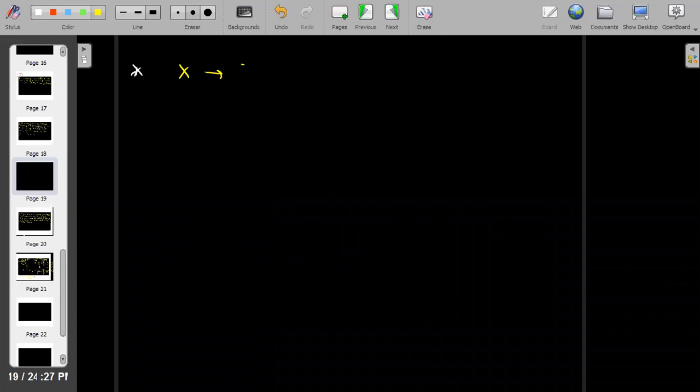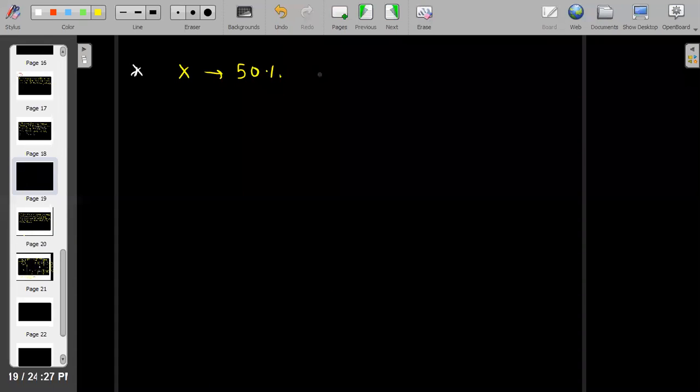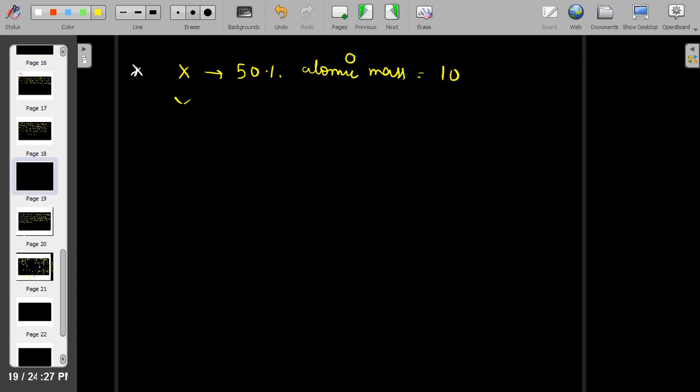Element X is 50%. Atomic mass of element X is, as I told you, 10. Element Y percentage is 50%. Atomic mass in this case is 20.